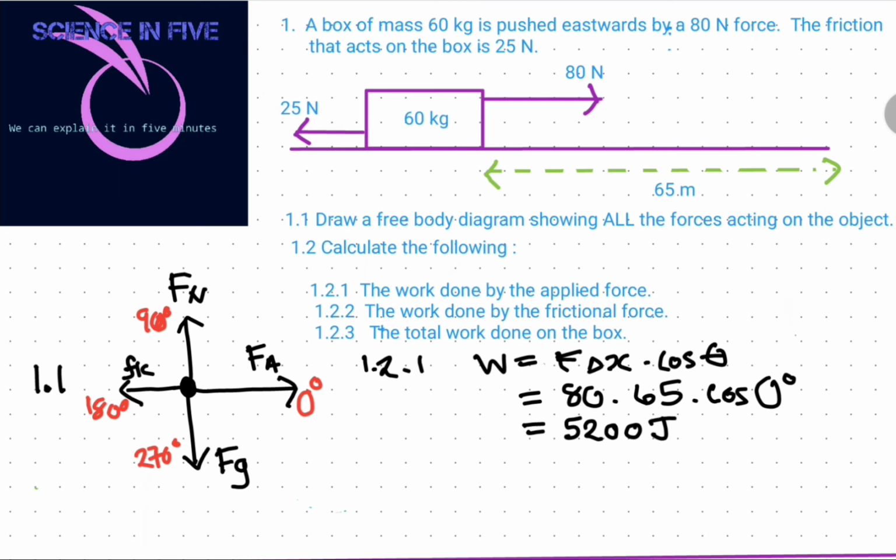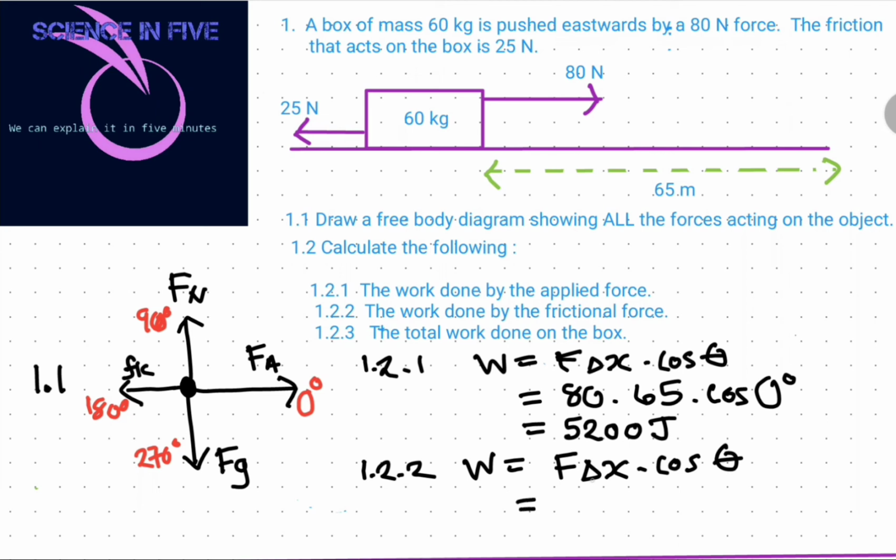Okay. 1.2.2, the work done by the frictional force. The frictional force is acting at 180 degrees to the direction of motion. It's a 25 newton force. So work done is equal to F delta X times the cos of theta.